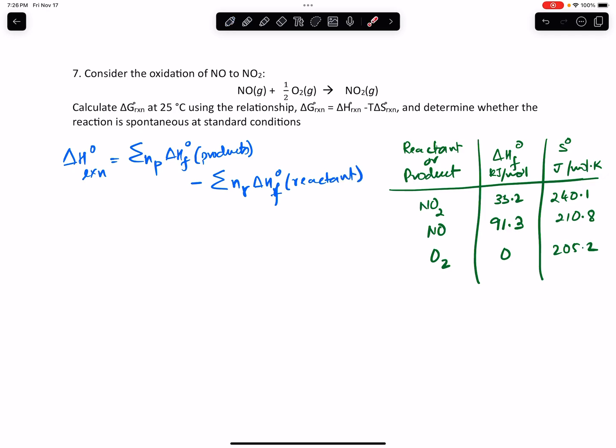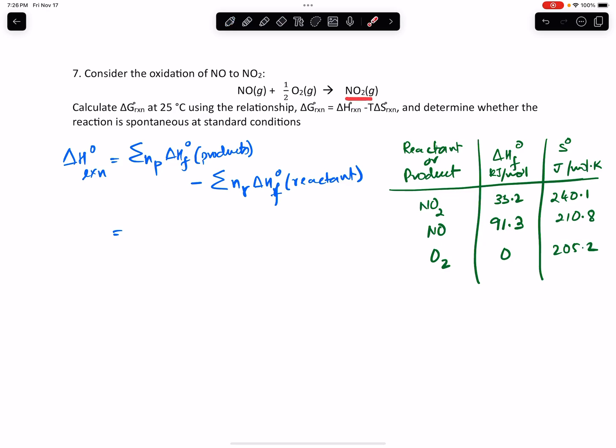And what this means is we're essentially going to find the delta H of the product and multiply it with the coefficient, and then we're going to subtract the delta H of each of the reactants added together, multiplied by their respective coefficients.